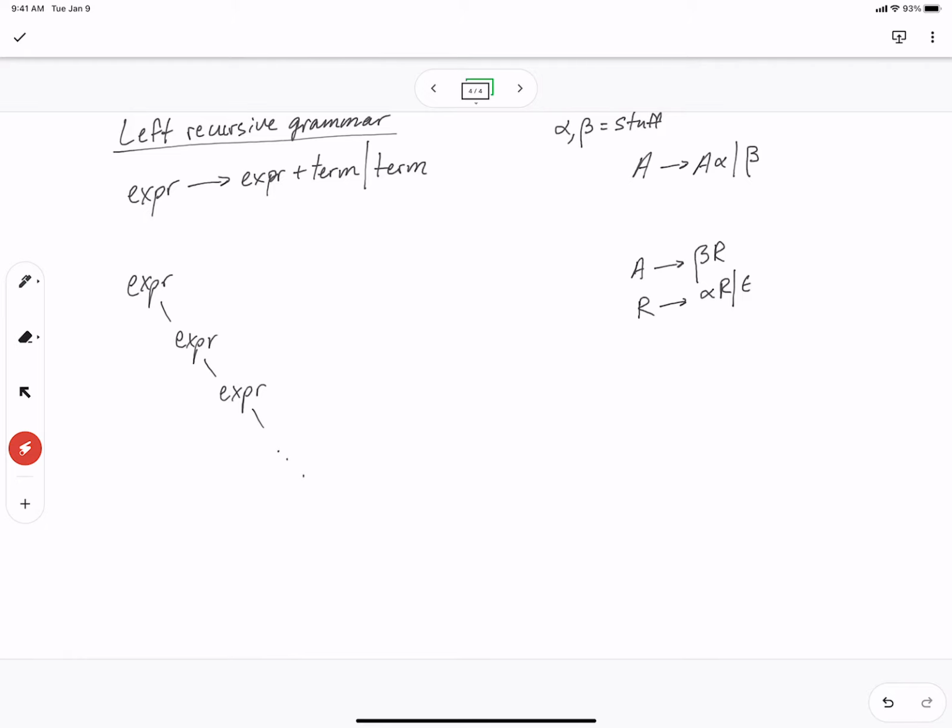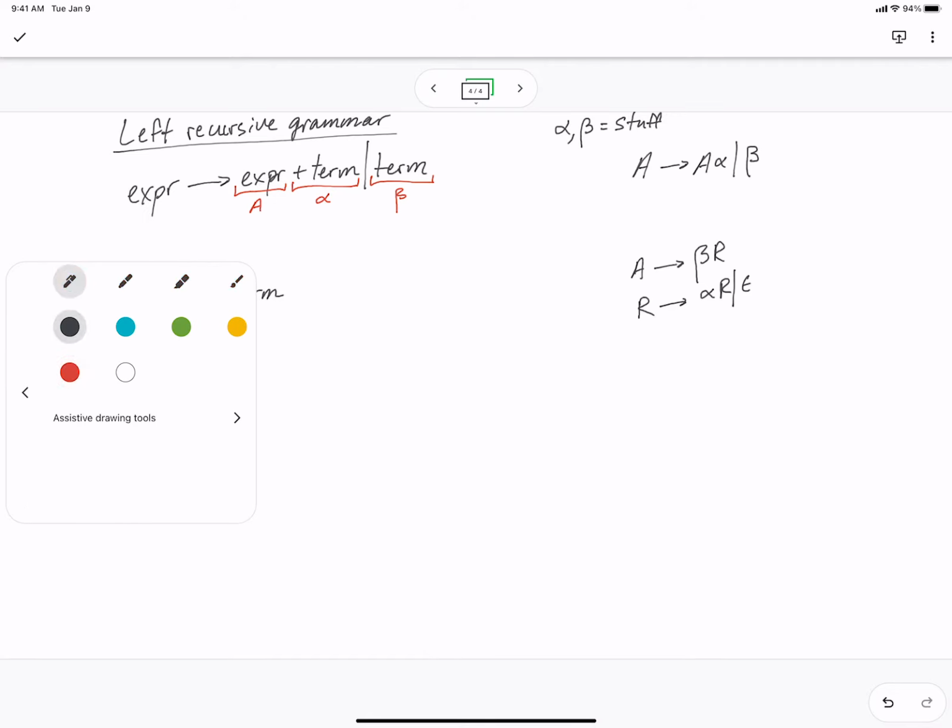So let's look at how we can fix our original grammar. Let's actually look at what these are. So this would be like A, and this would be alpha, and this would be beta, right? And so now we can write the new grammar.